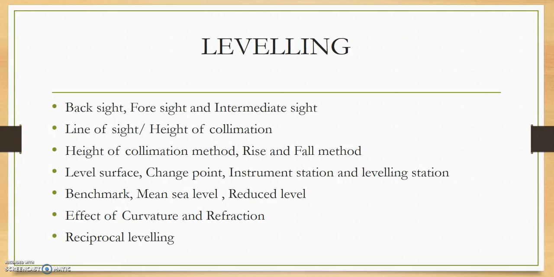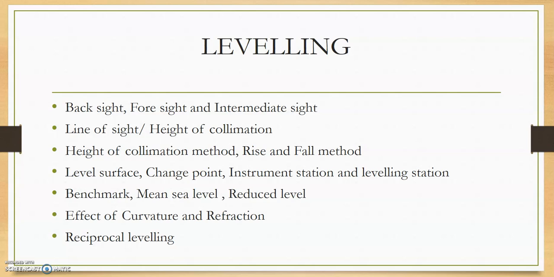All the readings are considered intermediate sights except the first and last readings for every setup of the instrument. The first reading for every setup is known as backsight. The last reading for every setup is known as foresight. The rest of the readings are called intermediate sights.